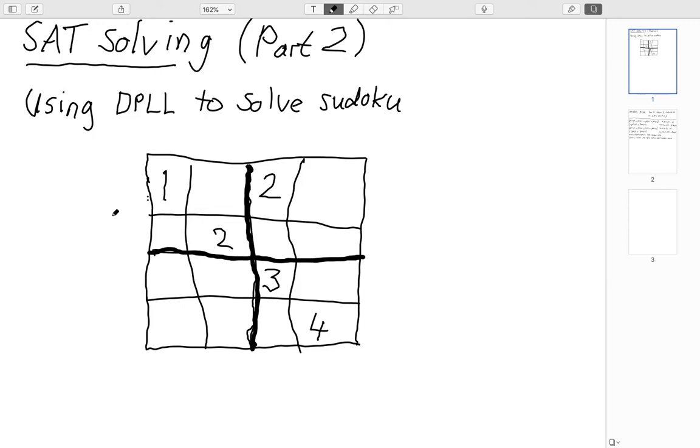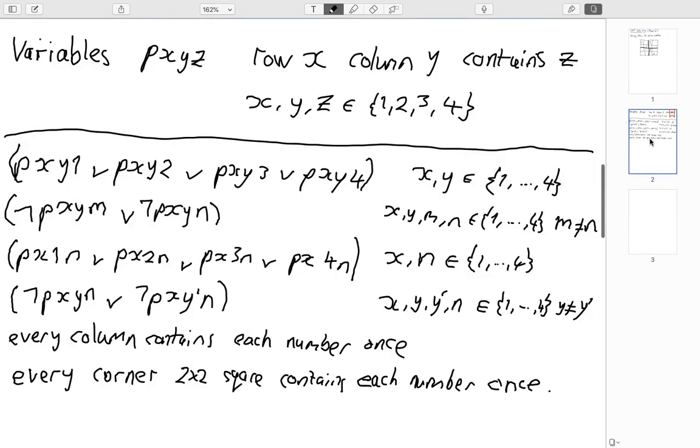So we can add that information as clauses. It's not one clause, but a conjunction of unit clauses, saying that the number 1 is in the top left square, the number 2 is in the square at row 2, column 2, and so on.